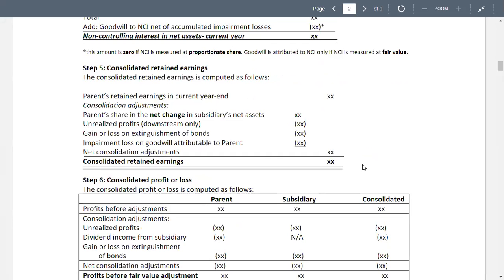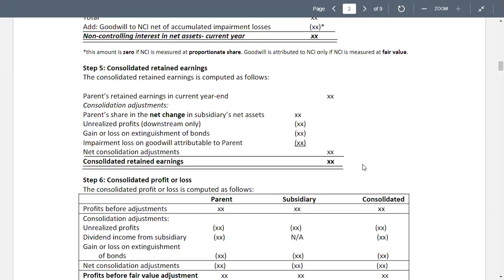Then we have the consolidation adjustments, unrealized profits, dividend income from subsidiary. This time, there is no income yet from subsidiary. But if there's any, then you have to deduct it. Gain or loss on extinguishment of bonds, you may also deduct. The net amount is net consolidation adjustments.